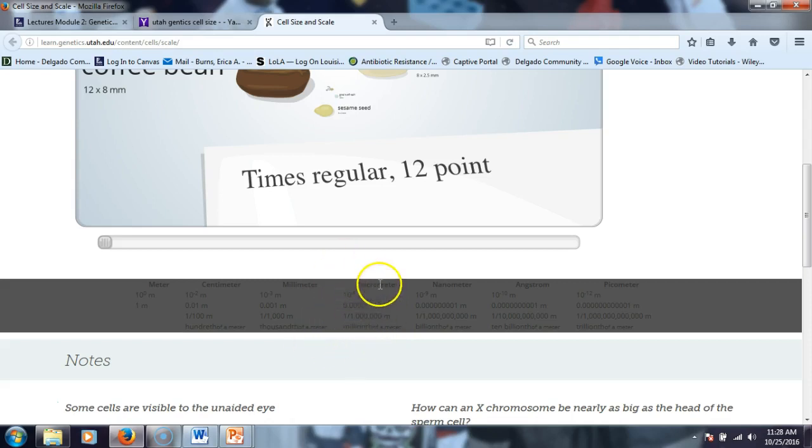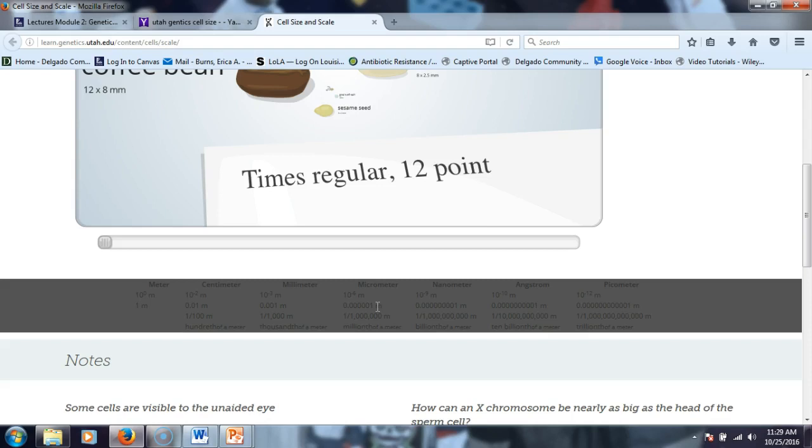Microbiologists measure in micrometers, which are 1/1,000,000th of a meter, or compared to millimeters, 1/1000th of a millimeter. So imagine those little lines on a centimeter ruler and cutting that into 1,000 slices. That's how small we can see with our microscopes.